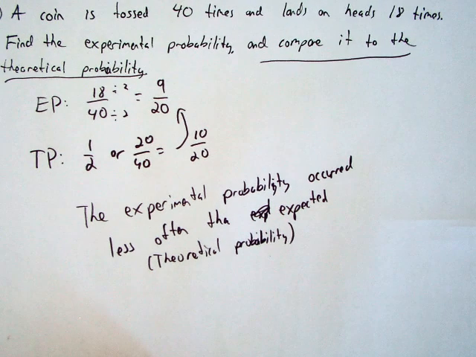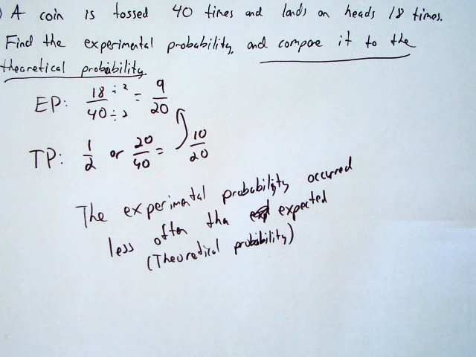So what happened is it happened less often than what should have happened. Simply because when we actually did it, it happened 18 times when it should have happened 20 if it happened according to how the math predicted it should. And that's the difference between experimental and theoretical. Experimental is what actually happens, theoretical is what should happen.